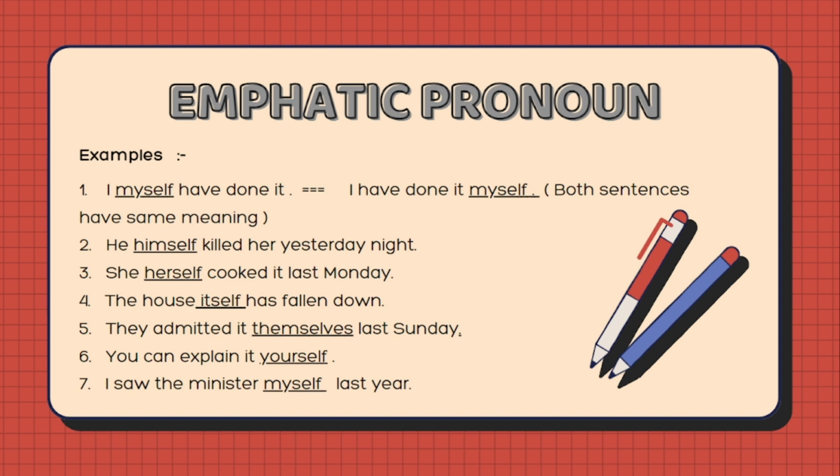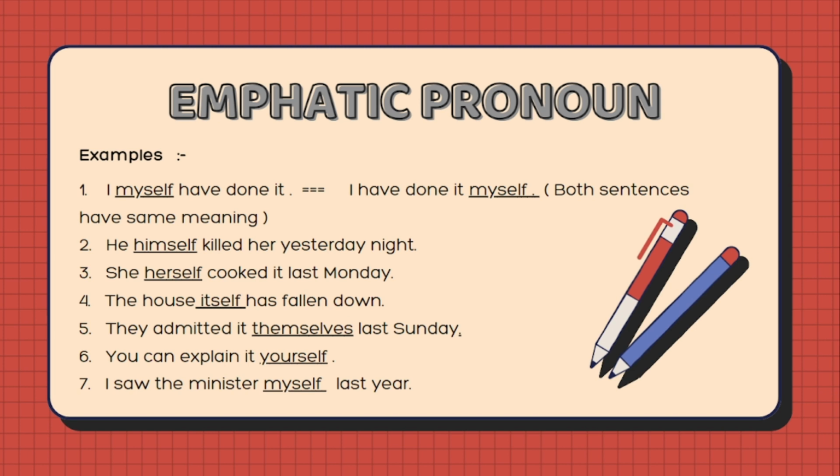Next, third one. She herself cooked it last Monday. In this sentence, she subject, cooked main verb 2. The sentence is in past simple in active voice. It object. The meaning of this sentence is no one forced her to cook it.